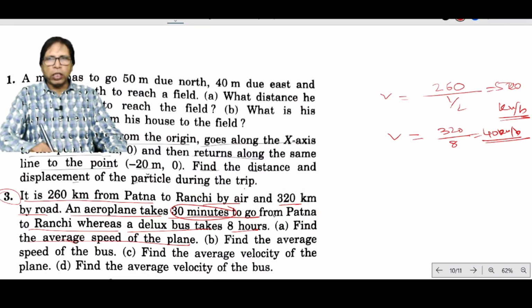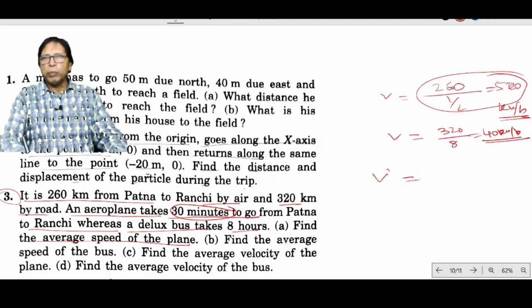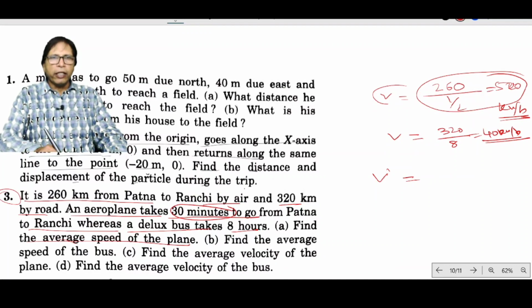Now, average velocity. The average velocity v dash. Average velocity for the aeroplane is same as the average speed, because in both cases the aeroplane travels the straight distance 260 km.